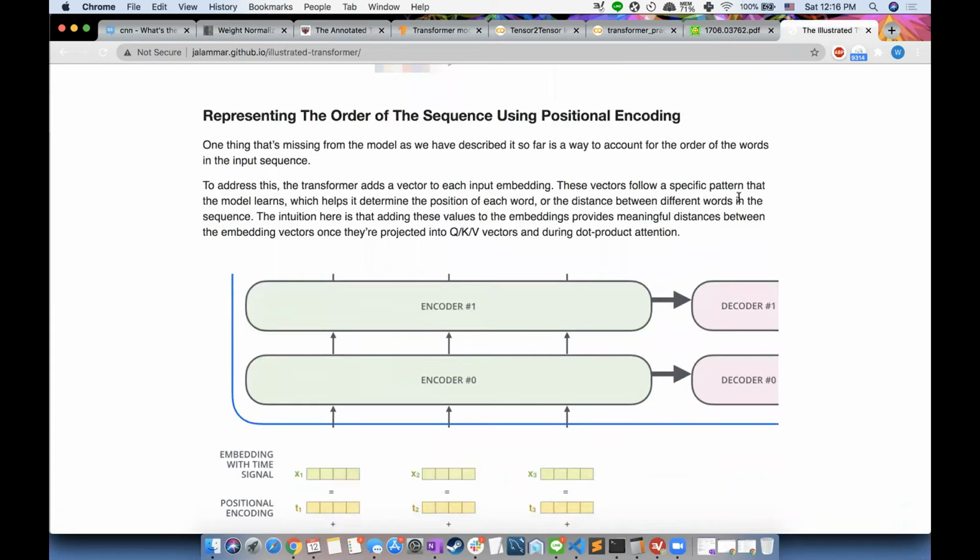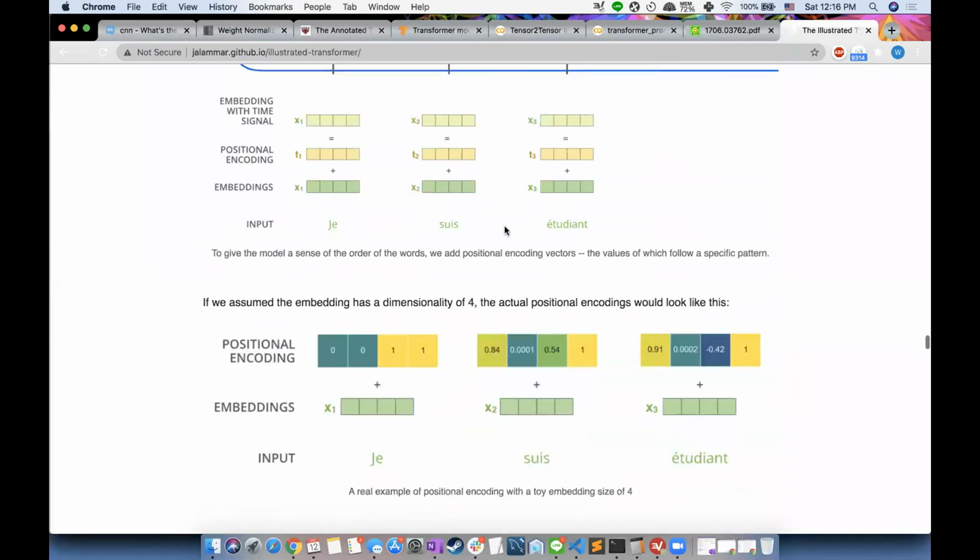These vectors follow a specific pattern that the model learns, which helps it determine the position of each word or the distance between different words in the sequence. The intuition here is that adding these values to the embedding provides meaningful distances between embedding vectors once they're projected into QKV vectors during dot product attention. Okay.